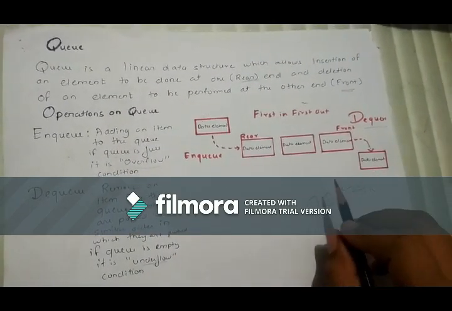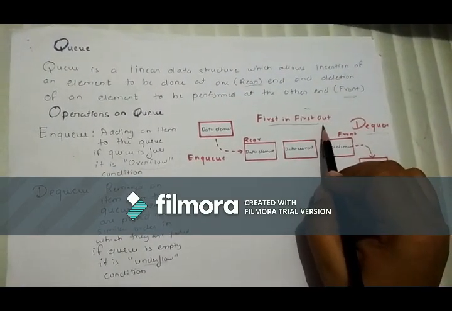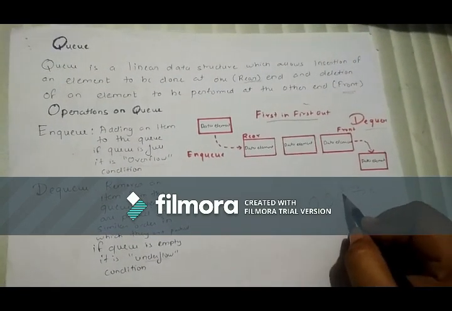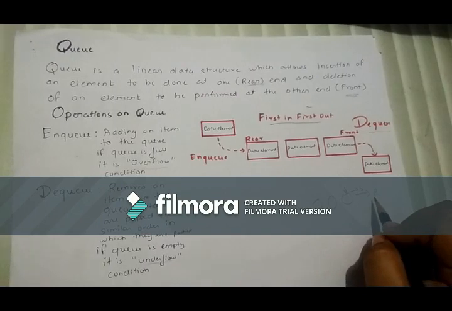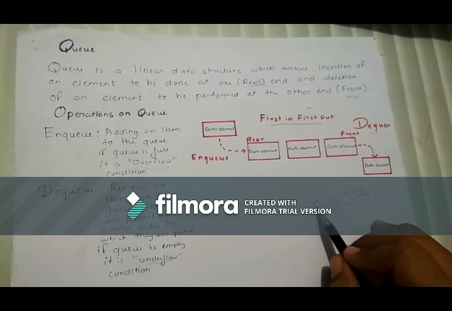Now, the queue data structure follows first in first out order. So the element that has entered first will be removed from the queue first, and the element that has entered the queue just now will be removed last.